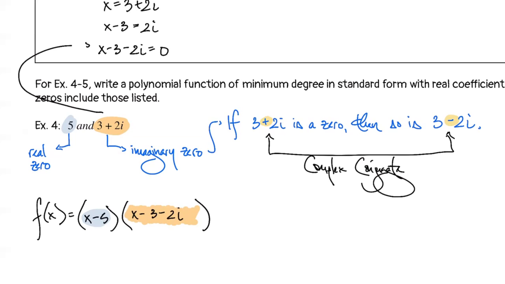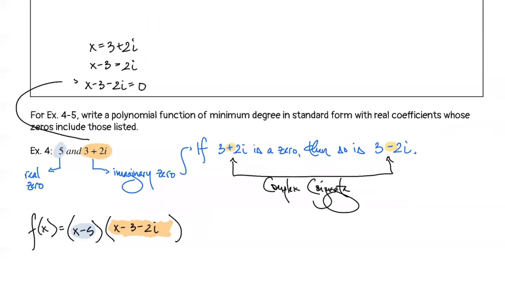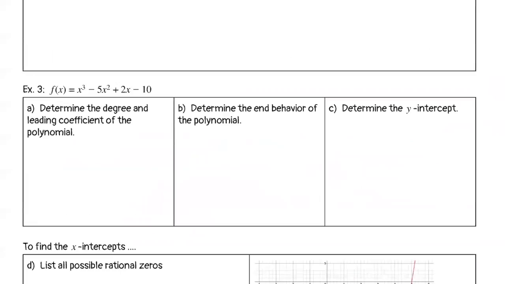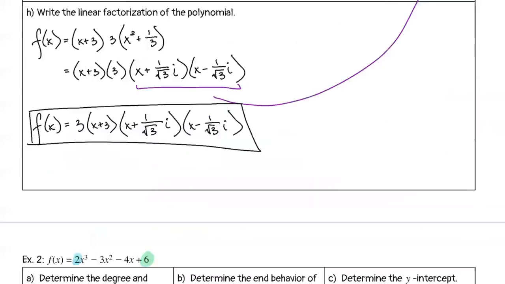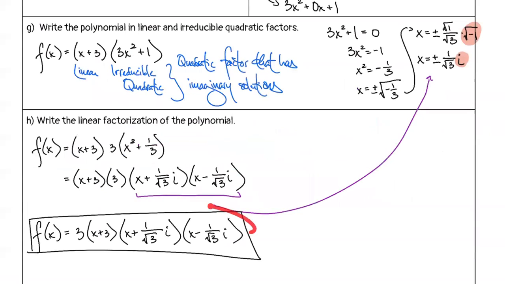So it doesn't matter if we have the i. We don't want to try to get rid of the i. The i is actually going to go away in the end because of that complex conjugate. So we'll have i's for a little bit in our factors, but that's very similar to our linear factorization earlier.